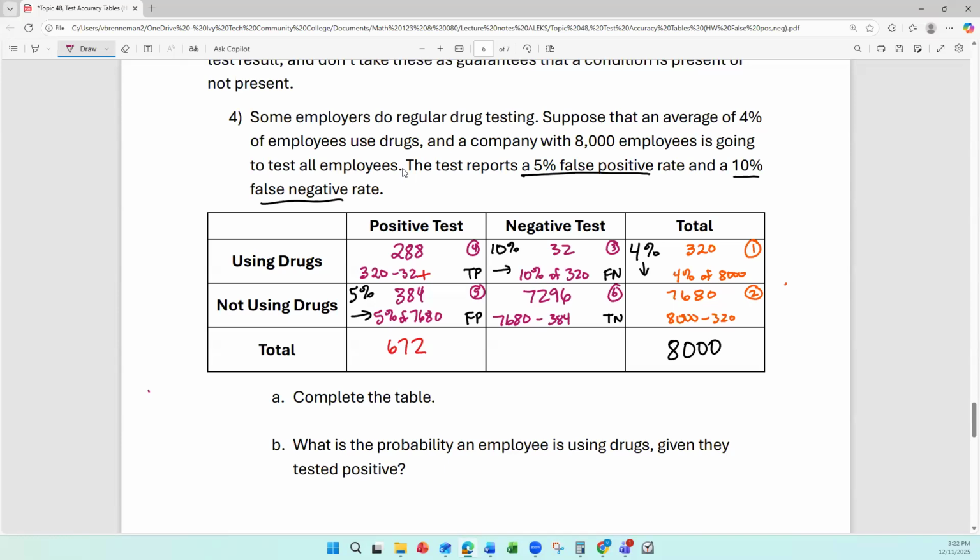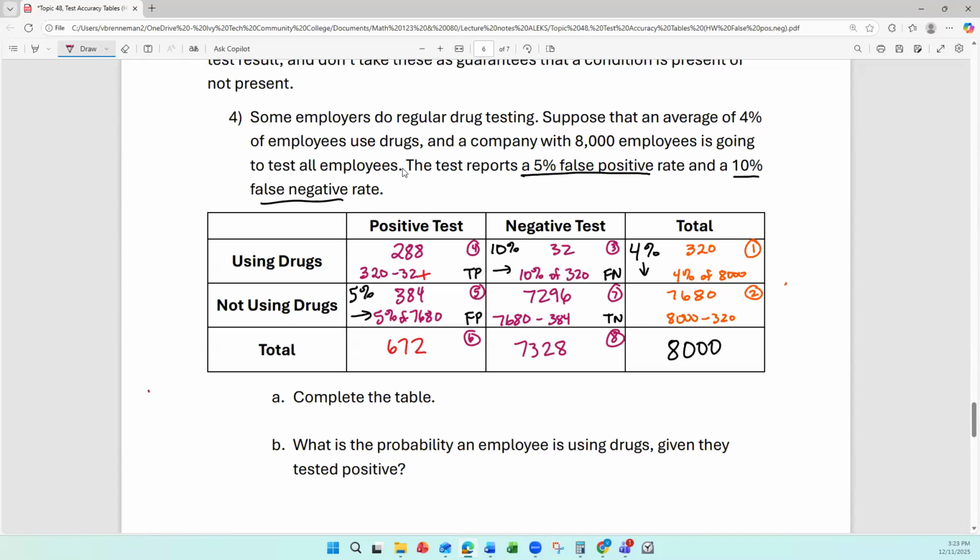And then we have our total: 32 plus 7,296, 7,328 total negative tests. So the company only knows they have the positive tests, they have the negative tests. The negative tests, pretty good chance there's only a few of those that are wrong.